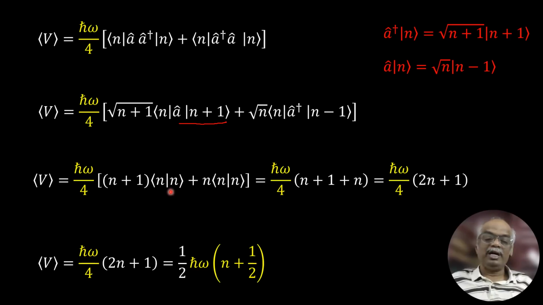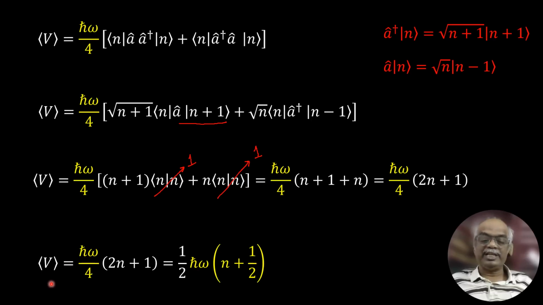So what will happen if you take the inner product of n with n? This is 1. Similarly, here also this is 1. So now you can rewrite this h cross omega over 4. This will become n plus 1 in the first case plus n. So I can rewrite this as 2n plus 1.